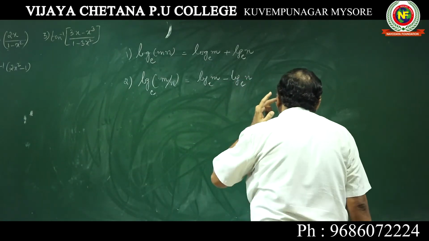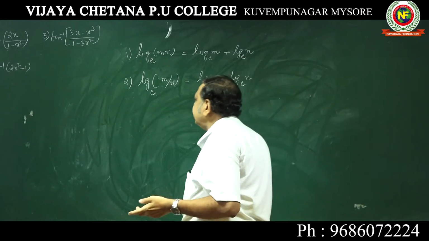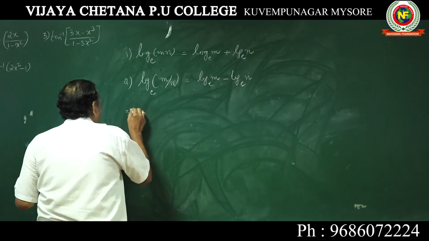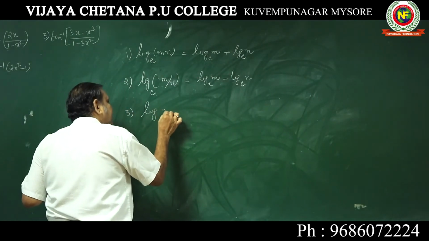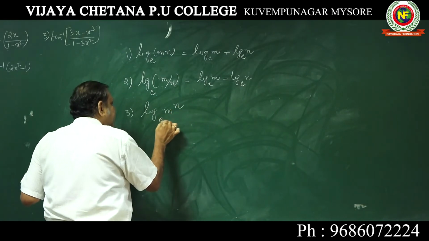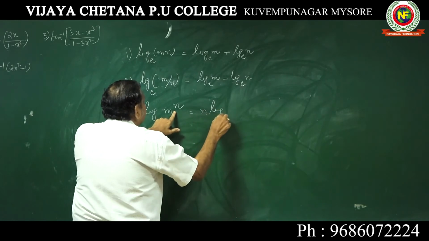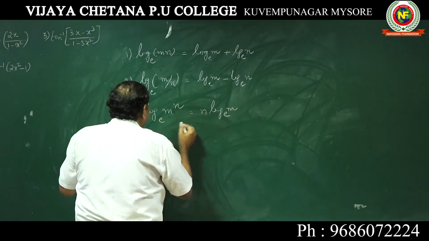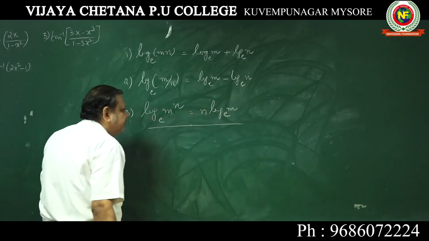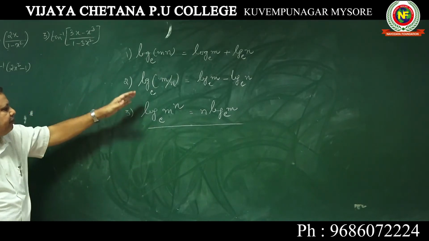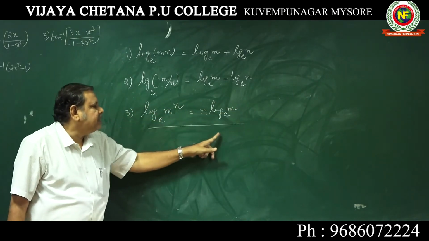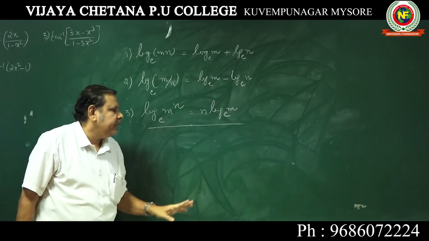And the third one is very important: log m to the power of n to the base e. If a power is there, then this power will come by the side of it, n log m to the base e. This particular thing we use often in our first type. First type we use this formula very importantly.